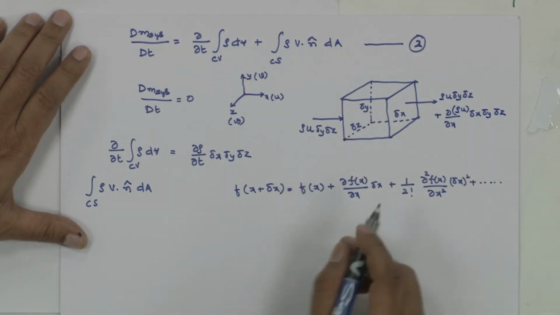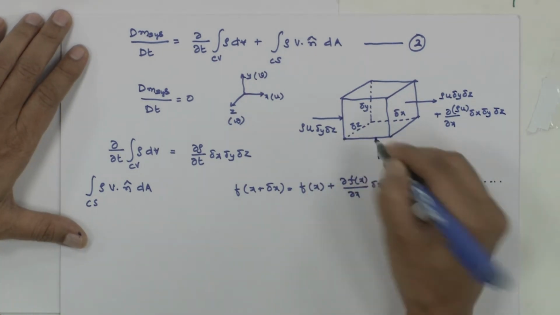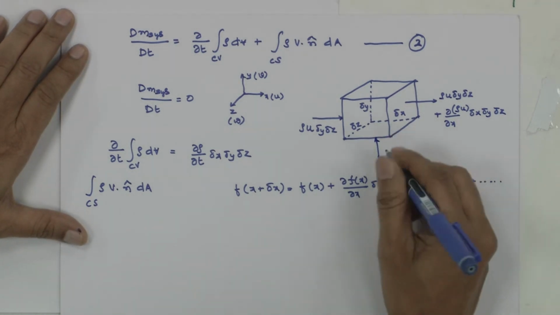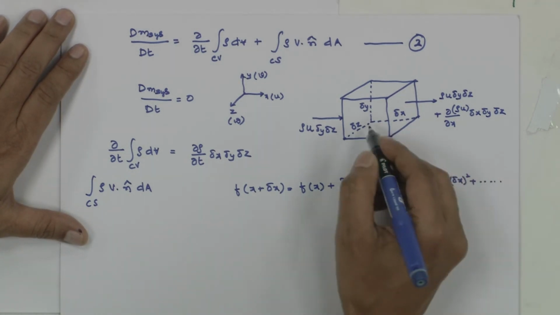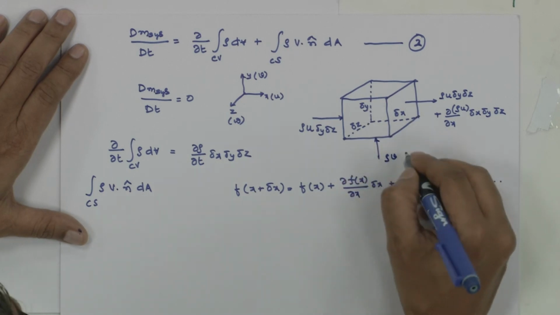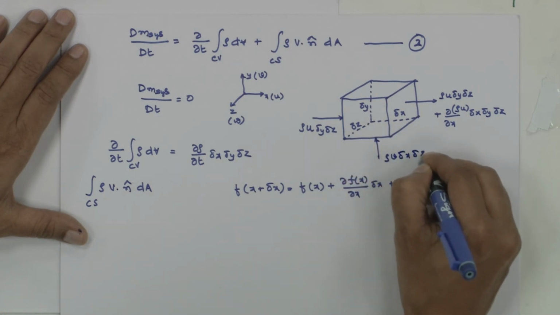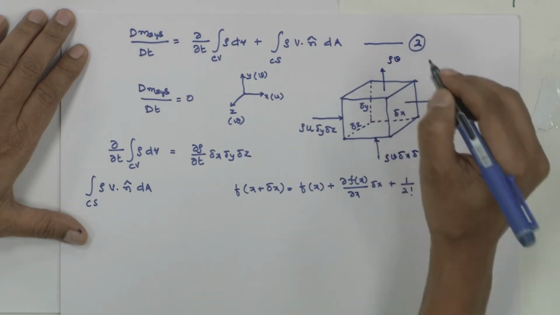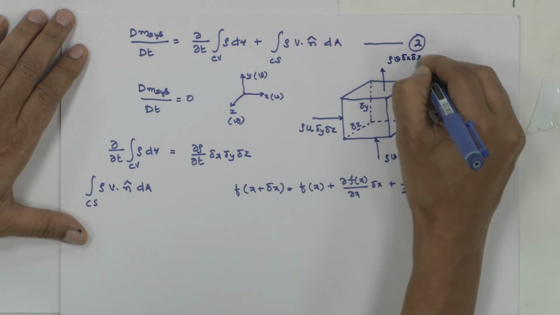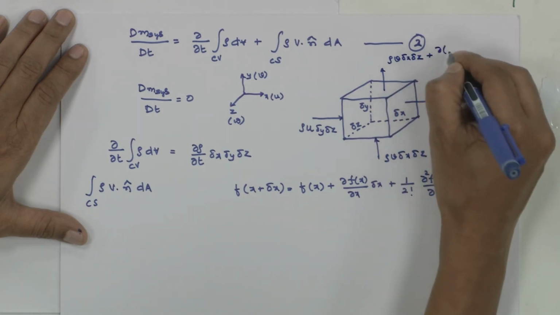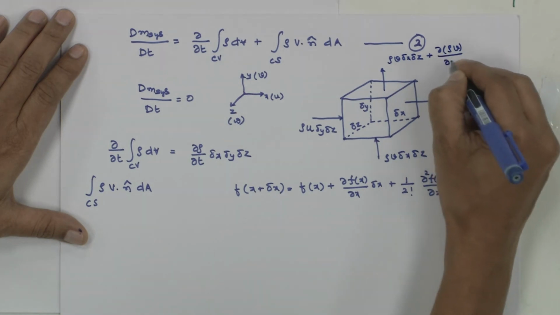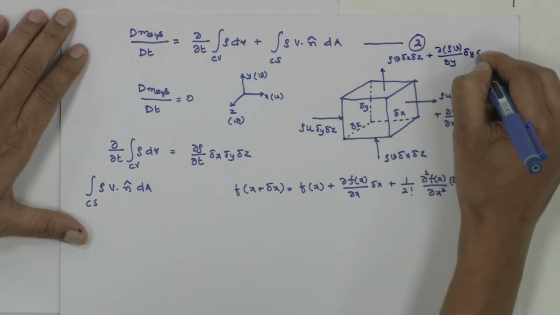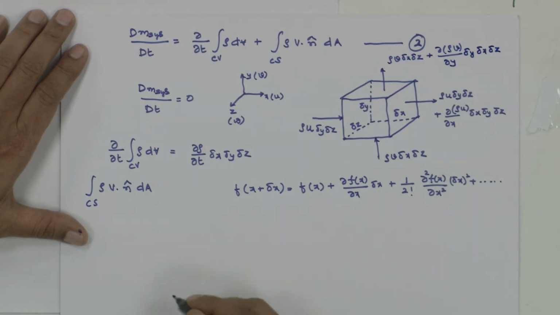Now, let us take up the y direction. You have rho v, the area is delta x delta z, and what is getting out would be rho v delta x delta z plus del of rho v upon del y delta y delta x delta z. So, we completed the velocity in the y direction.